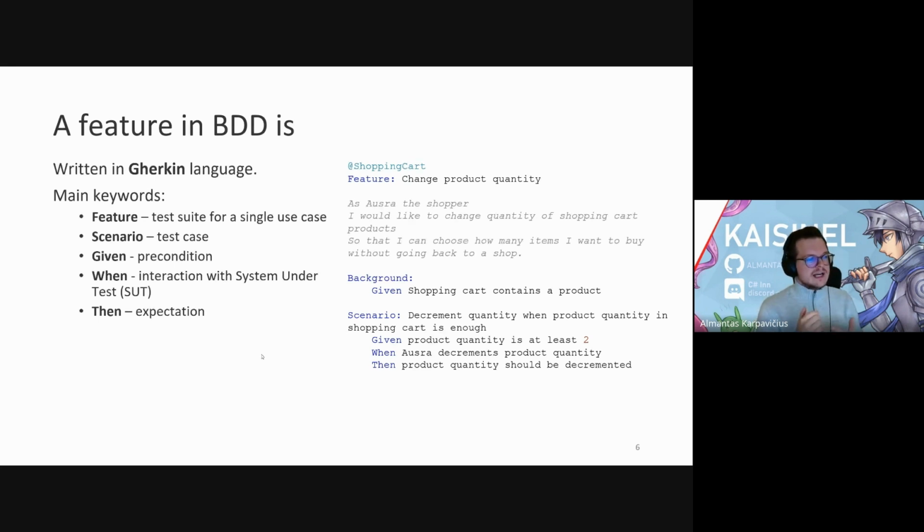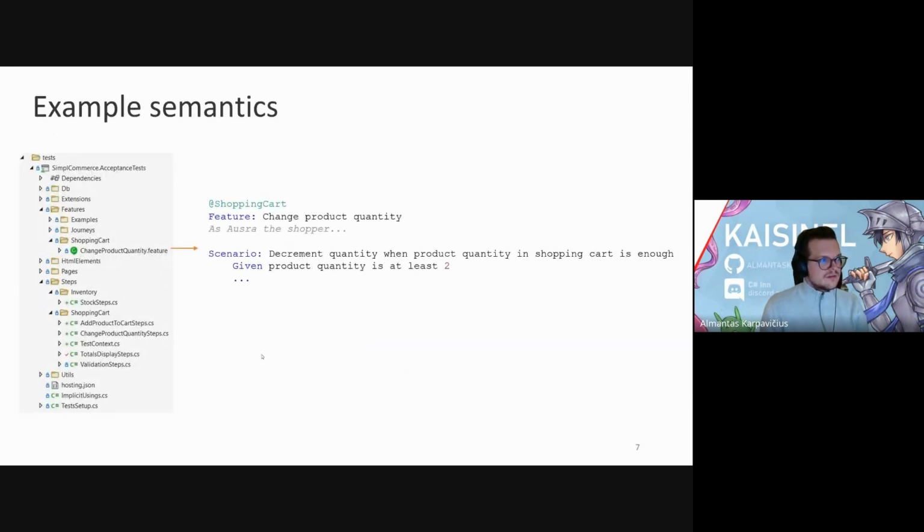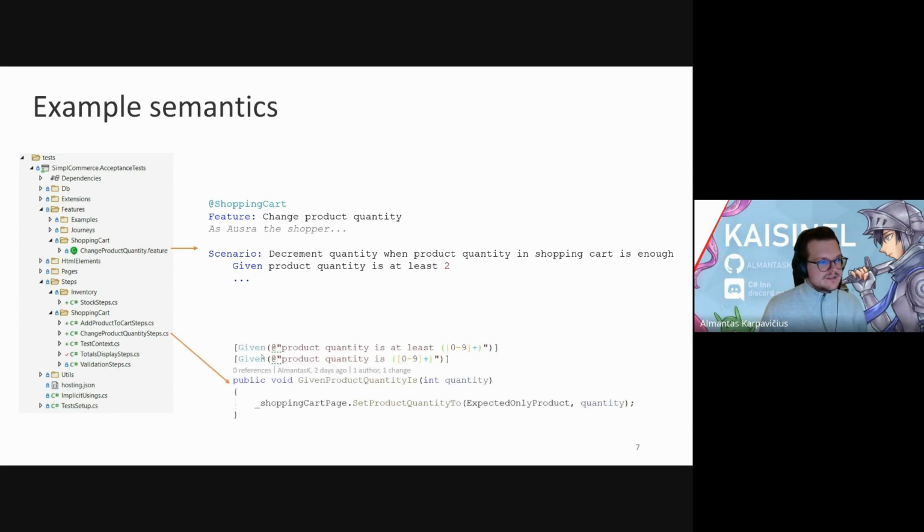It has a very simple structure. It's based on 3 key keywords: given, when, then. Given is a precondition, when is you interacting with the test system, and then is your assertion. To implement this, you bind your Gherkin.